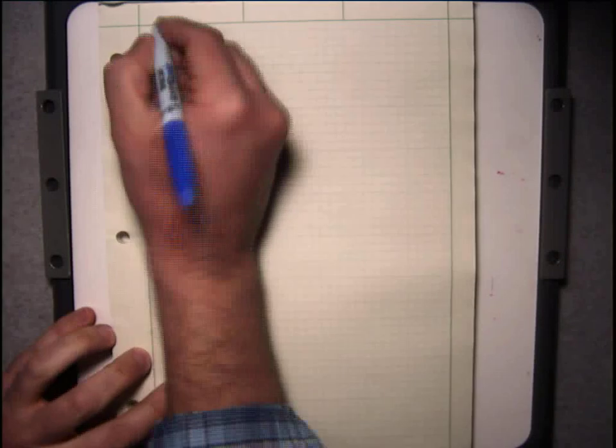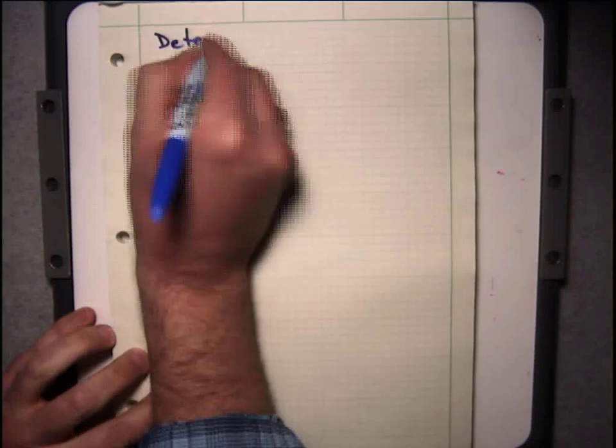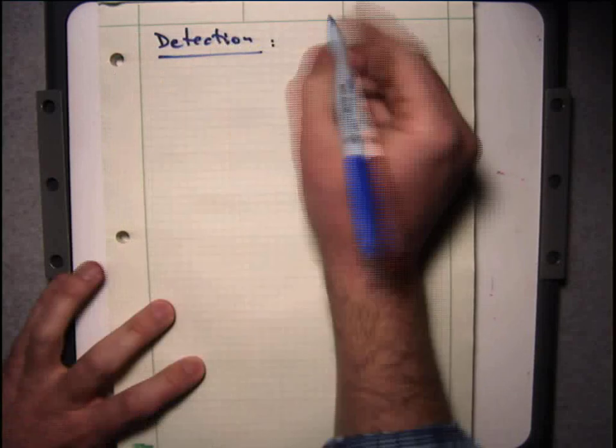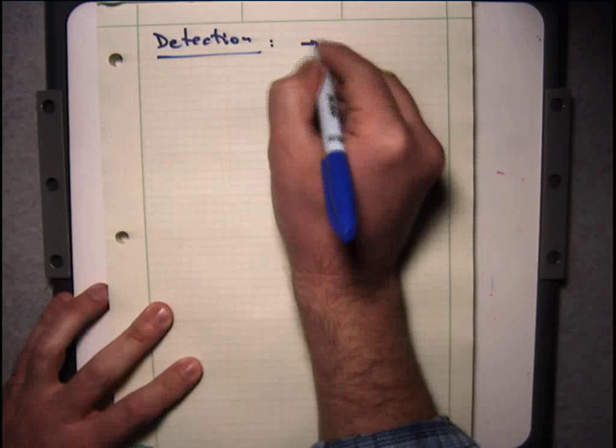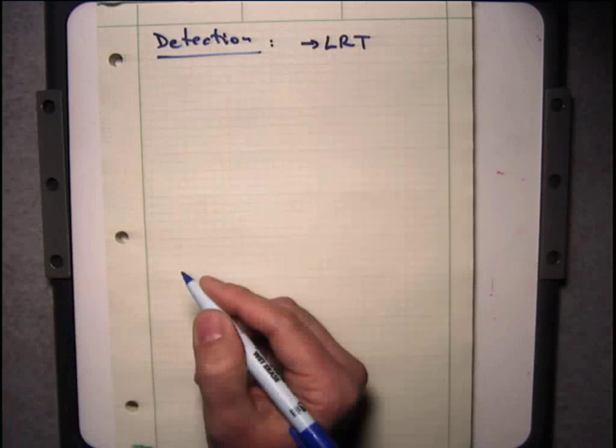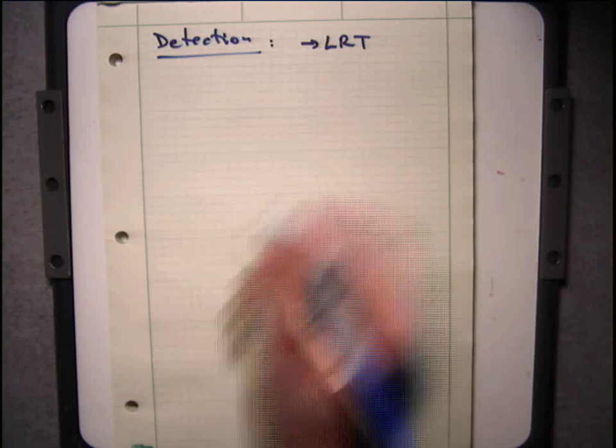So let me give a quick summary of where we stand so far with respect to all the stuff that we've done in the class. So we first started talking about detection. And the likelihood ratio test was the most general framework that we considered.